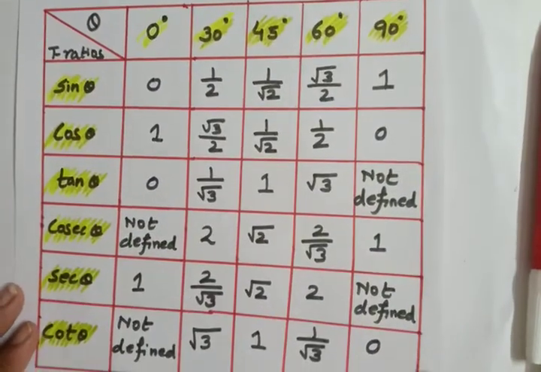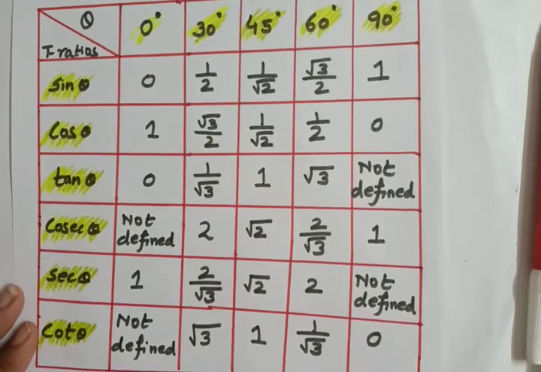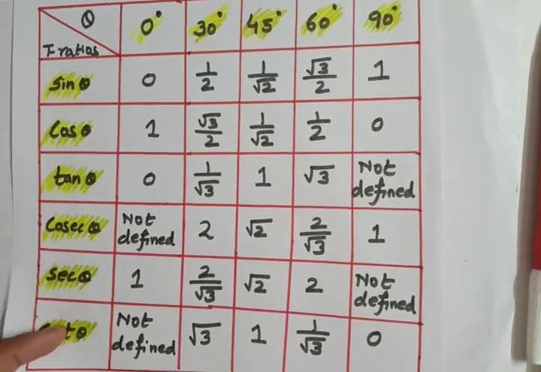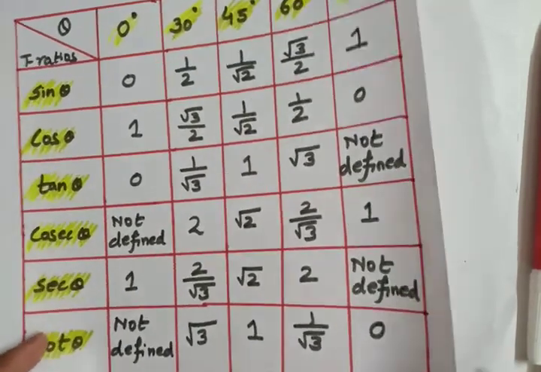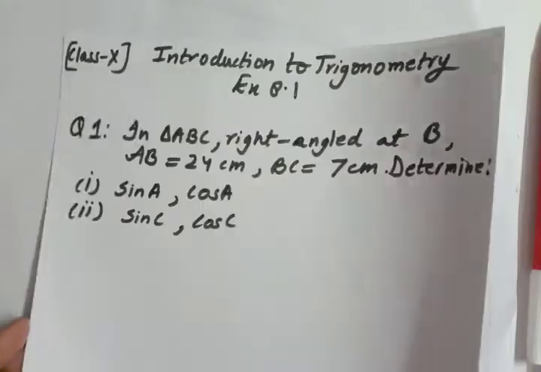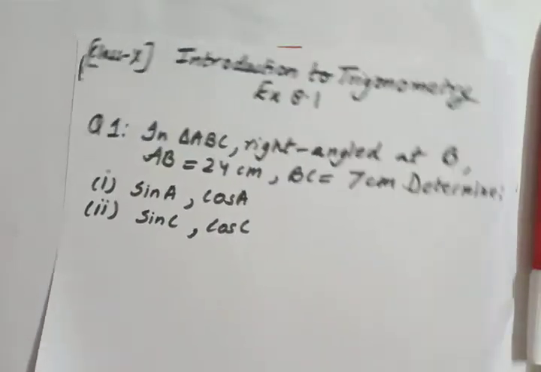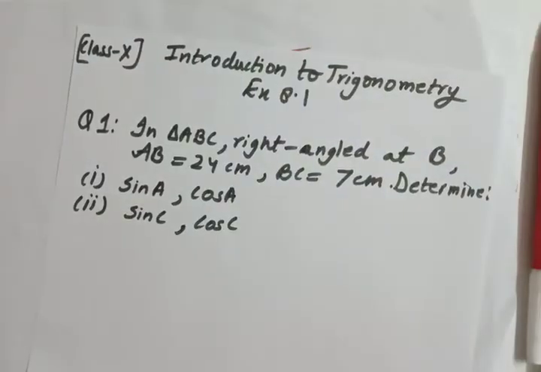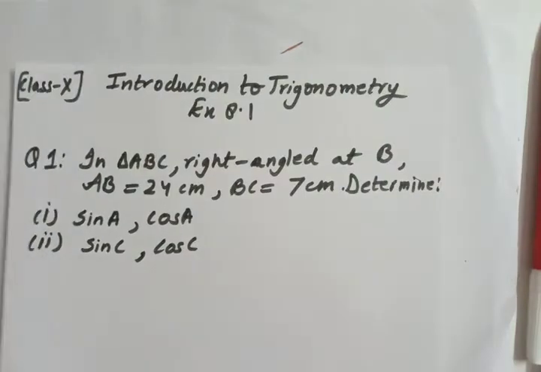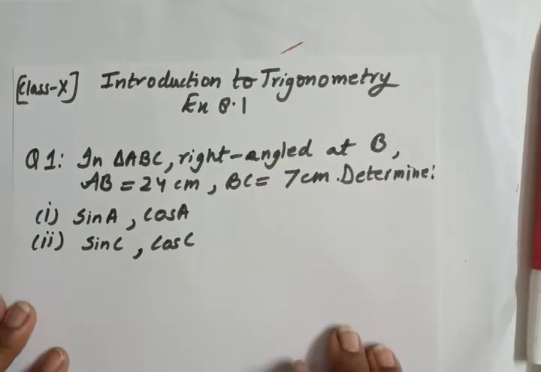You have to remember, even learn it, and I already told you how we can find out these values. These are the two things we have discussed: the trigonometric ratios and their standard angles. Now we are able to solve exercises 8.1 and 8.2 of NCERT.